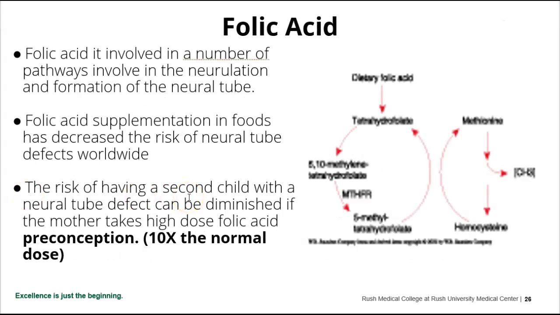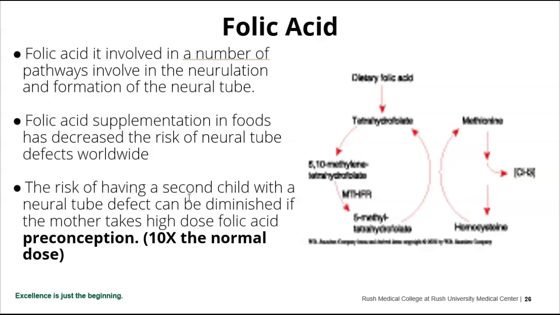So this actually led to the realization that folic acid, which is seen in meat and proteins, is involved in a number of pathways in neurulation and formation of the neural tube. And folic acid supplementation in foods has decreased neural tube defects worldwide. But it's really important because the neural tube closes at around the time you find out you're pregnant, about 4 to 8 weeks gestation.